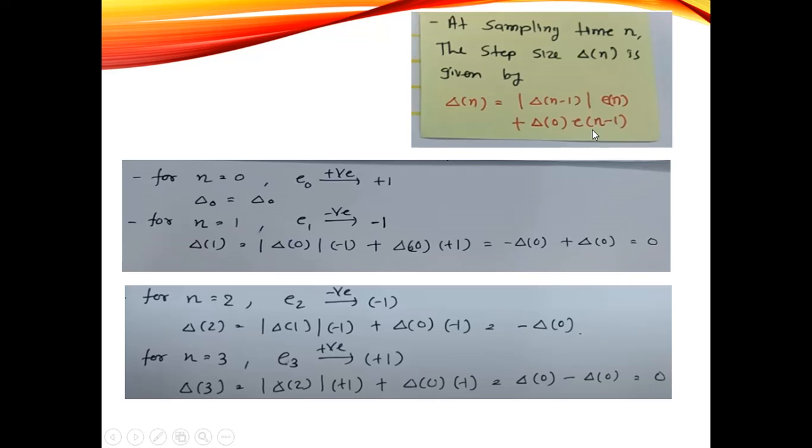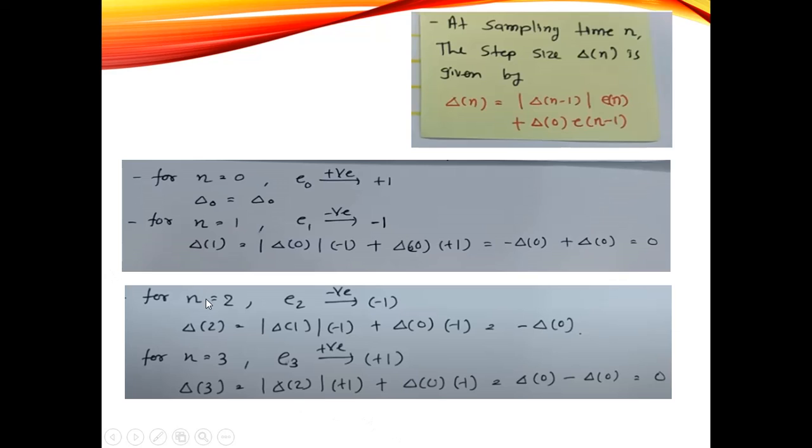The previous sample is plus 1. Therefore e of n minus 1 is plus 1. Therefore, minus delta 0 plus delta 0, and for n is equal to 1, we have 0.